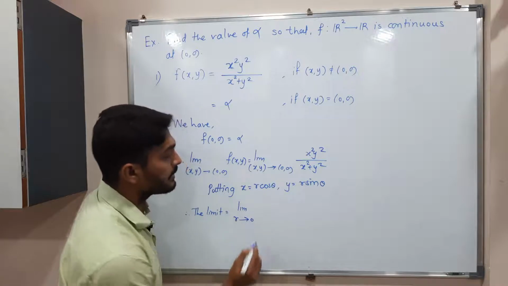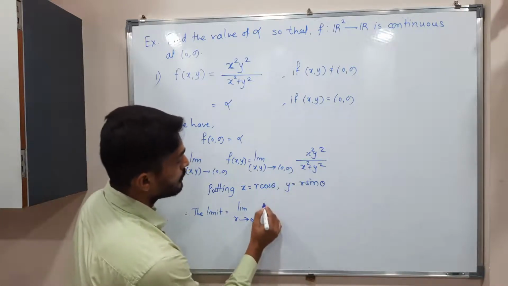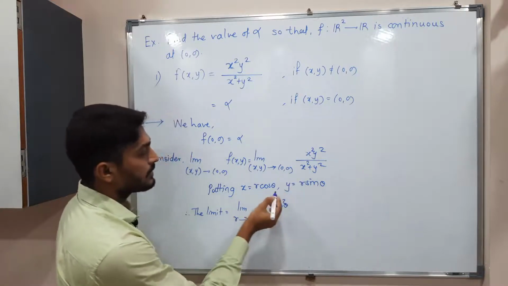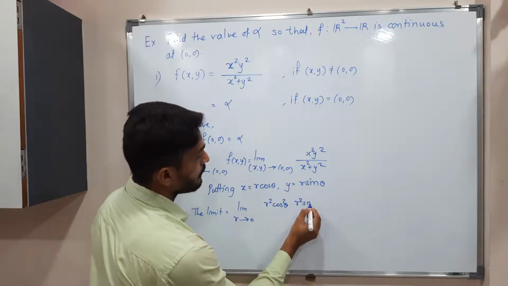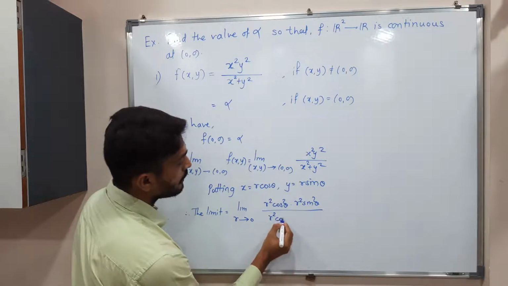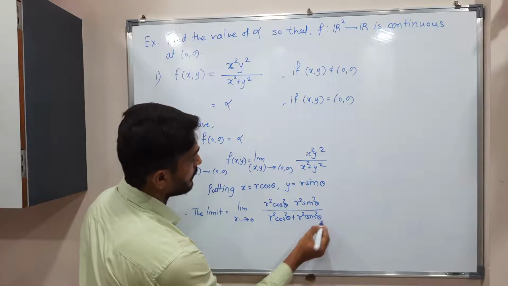There is no need to write theta tends to 0. So let us put values: r square cos square theta in the numerator, and r square sin square theta. In the denominator, r square cos square theta plus r square sin square theta.